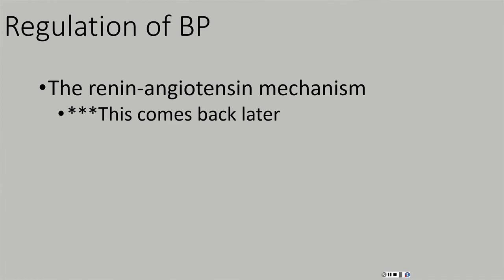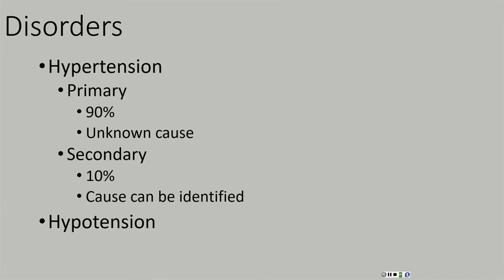So just a couple of things with disorders. Hypertension, which just means high blood pressure, comes in two forms, primary or secondary. And all that means is, in primary, the doctor can't give a definitive cause.